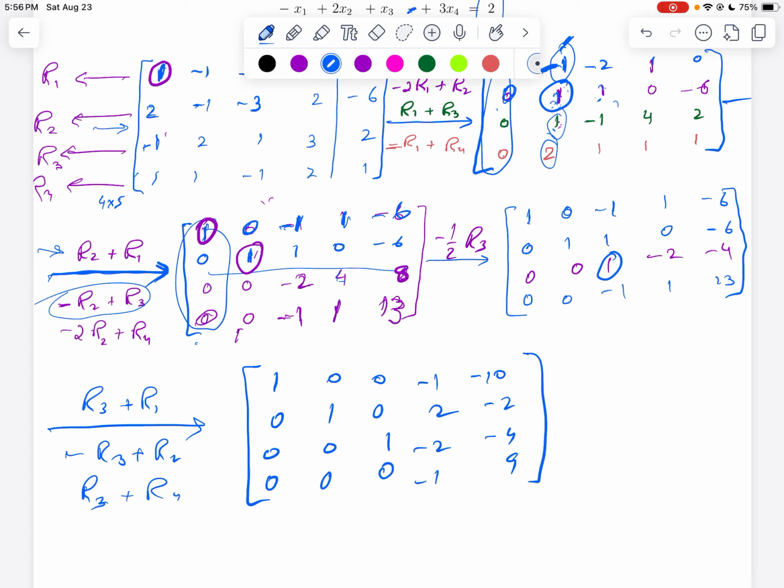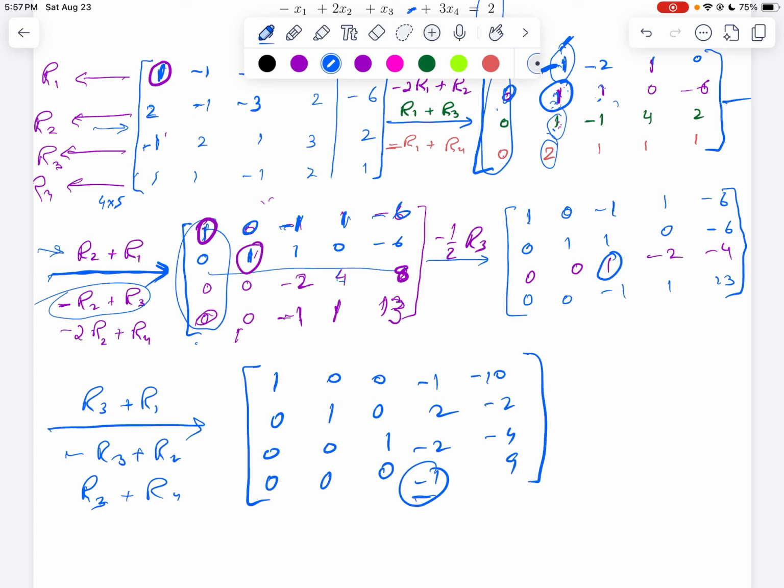Okay, so are we done with the pivots? Well, no, there is one more left, which is this quantity. So we are in the fourth row, and you can see this is the quantity in the fourth column. So it's going to look like our identity matrix. So I want to make this 1. How do I do that? I just multiply by negative 1.